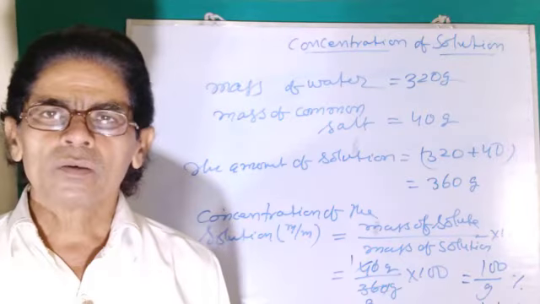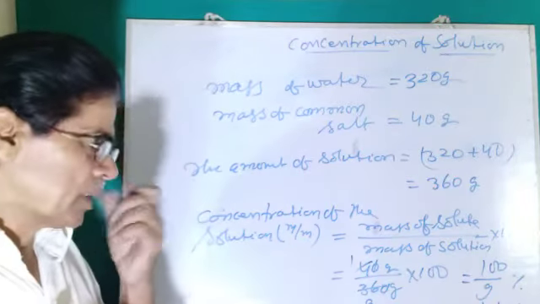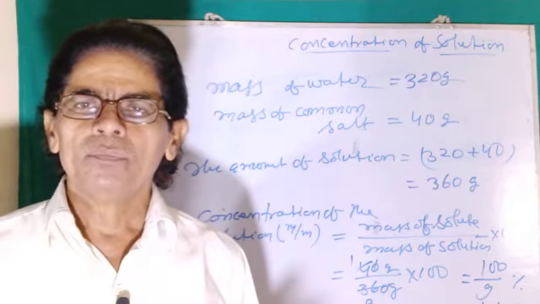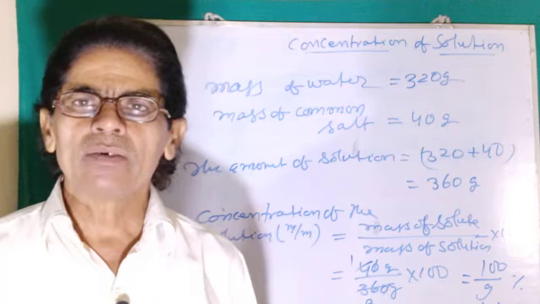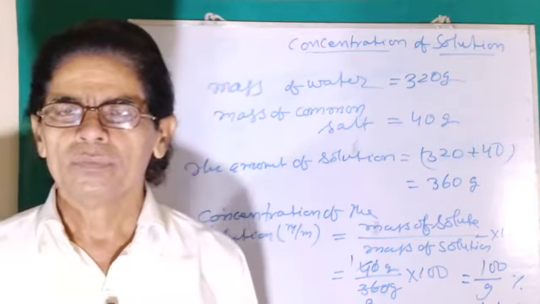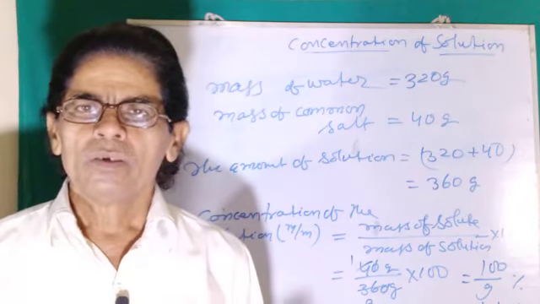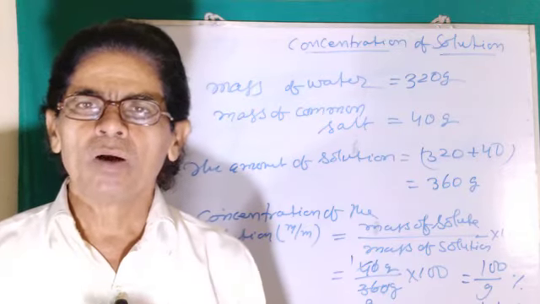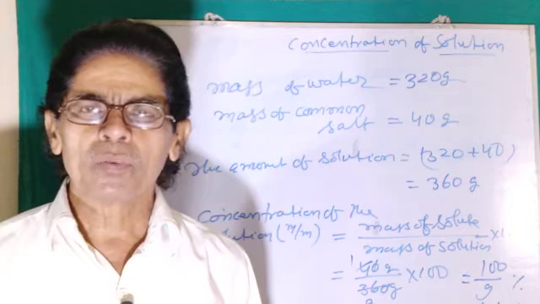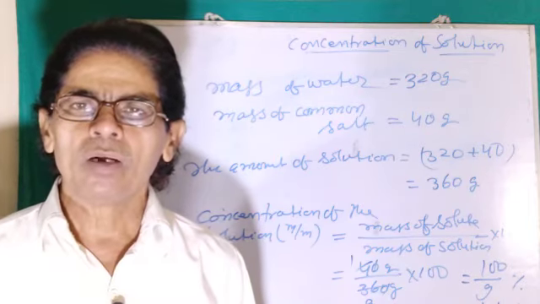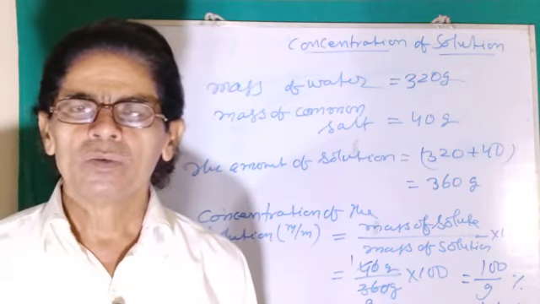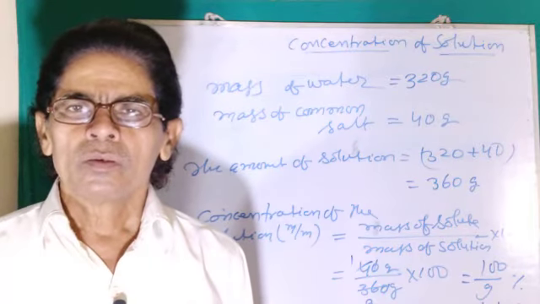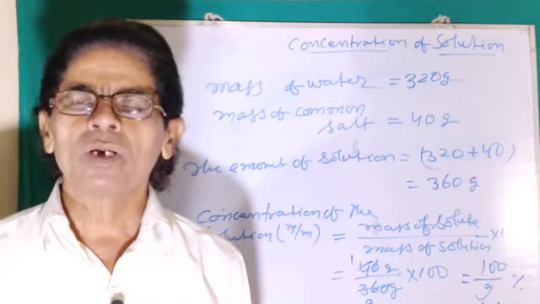Now, what are the common features of the suspension? Suspensions have various characteristic properties. First of all, the size of particles, as I have told, is of the order 10 to the power minus 4 centimeter or larger than this. Second, the suspension is not stable.